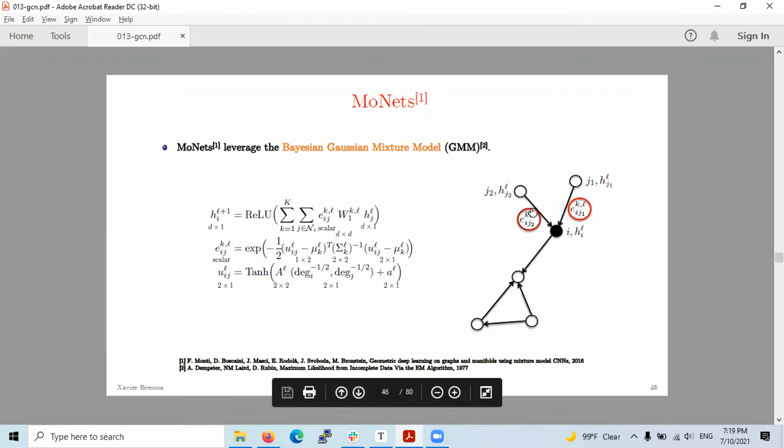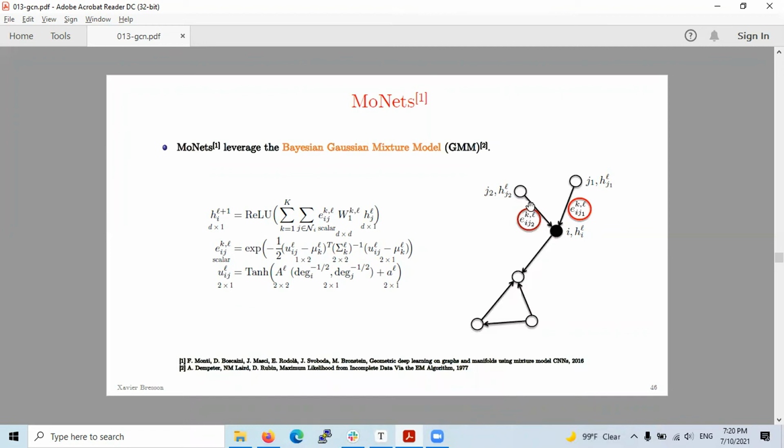So effectively, each of these connections between nodes is modeled using a Bayesian Gaussian mixture model, GMM. You cannot fix a weight here. I mean, this is a small graph. If you have a very large graph, the values of these weights differ, so you have to do some sort of statistical treatment.